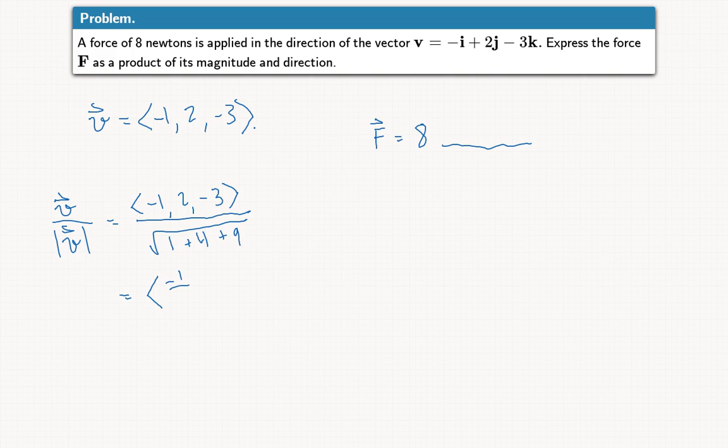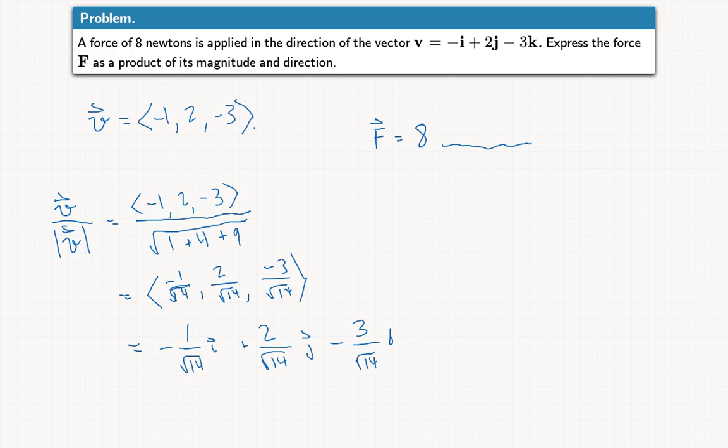So that'll be negative 1 over root 14, 2 over root 14, and negative 3 over root 14. Or in the ijk notation, negative 1 over root 14 i plus 2 over root 14 j minus 3 over root 14 k. And so now we have the direction.